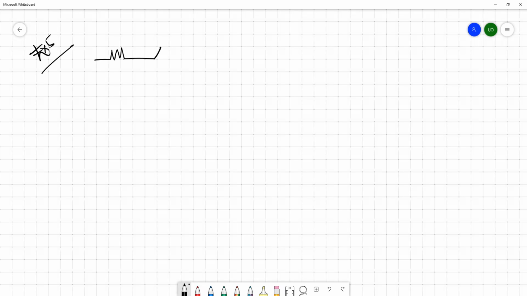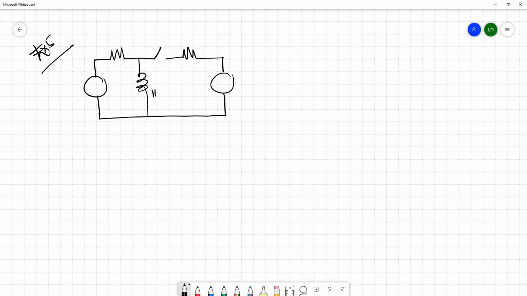Then we have a switch, a 4 ohm resistor, an inductor here, 1 Henry inductor, a 16-volt source, here a 12-volt source, 2 ohm, 4 ohm, t equals 0. So you are asked to evaluate this I.